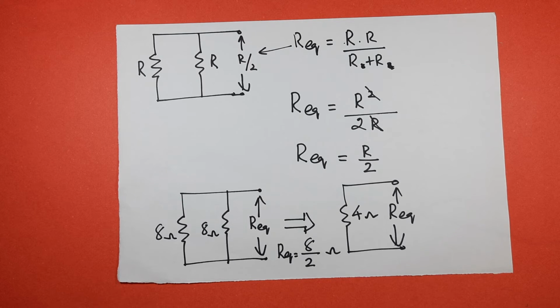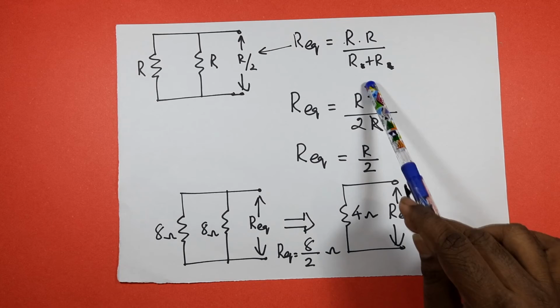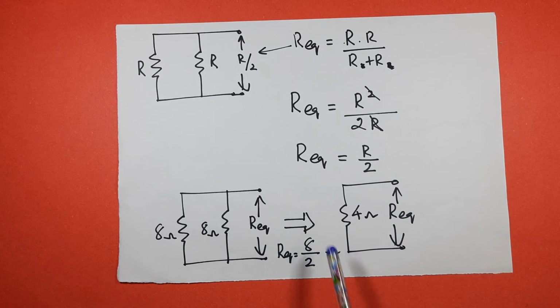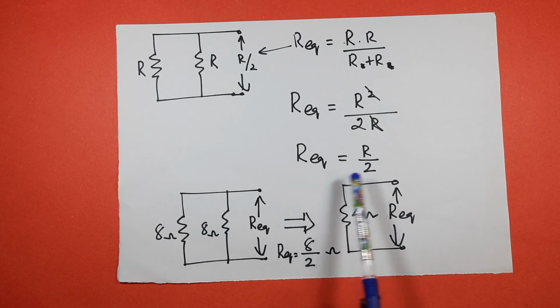So R equivalent equal to R square divided by 2R. The R square and this R get cancelled, so R equivalent is R by 2. So the idea is, when two equal resistors are connected in parallel, the equivalent resistance is one half of that resistor.